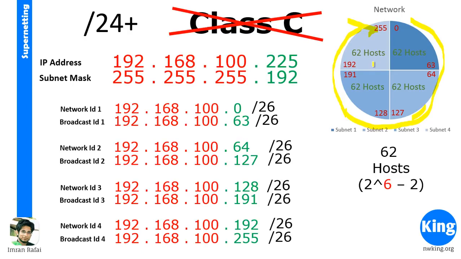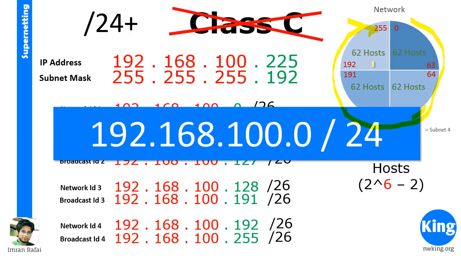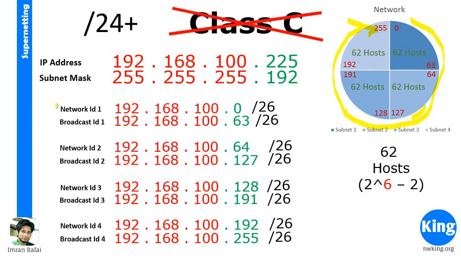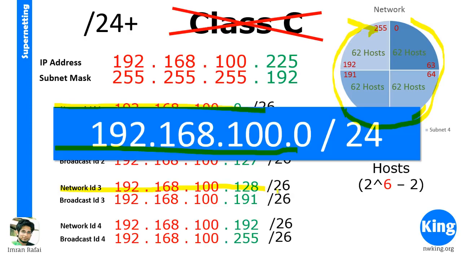But if we didn't break it, we could represent all these 4 subnets as 192.168.100.0/24, and it includes all these 4 subnets, right? That's what supernetting is. So instead of the router having all these network IDs listed one by one, it could just list one network ID, 192.168.100.0/24, and that includes all these 4.